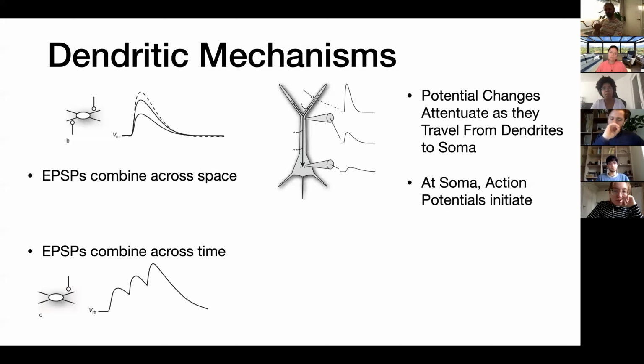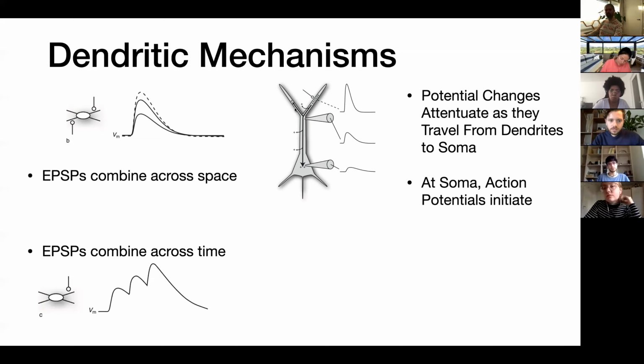If you record the potentials at different locations on this neuron, and we get very strong EPSPs arriving at the most distant parts of this arborization, around here, there we see strong voltage changes, but that dissipates, and as you go towards the axon here, that change is less. So there's a gradual decrease of these potential changes from the dendrites to the soma, where the neuron decides to initiate an action potential if it does so.